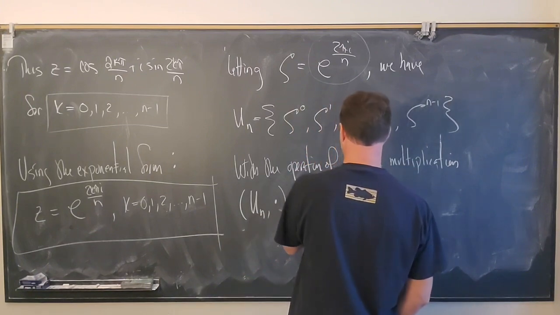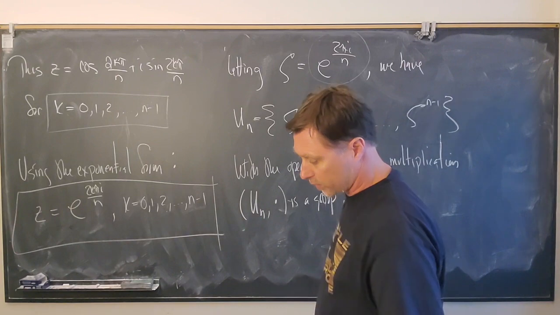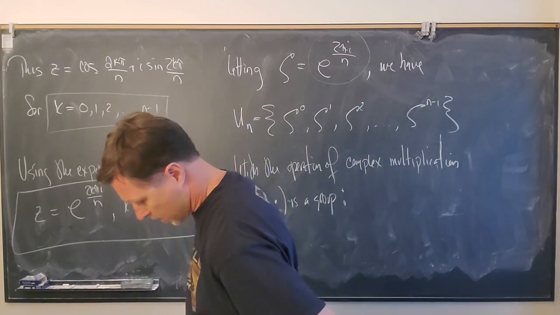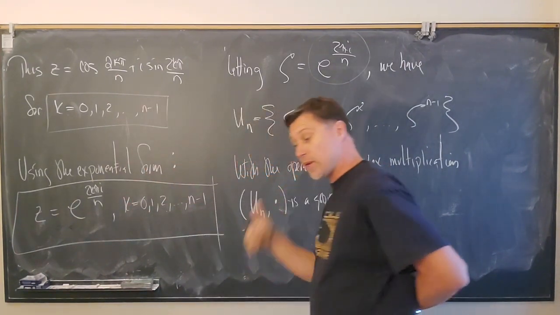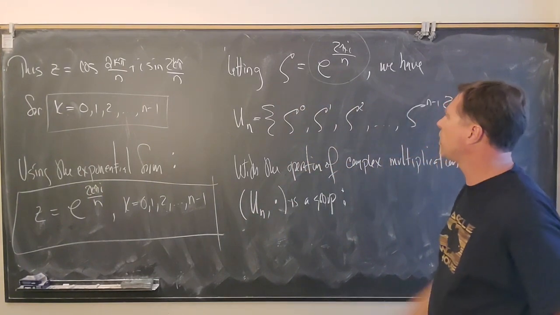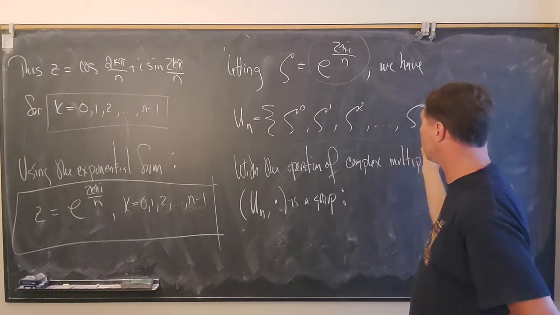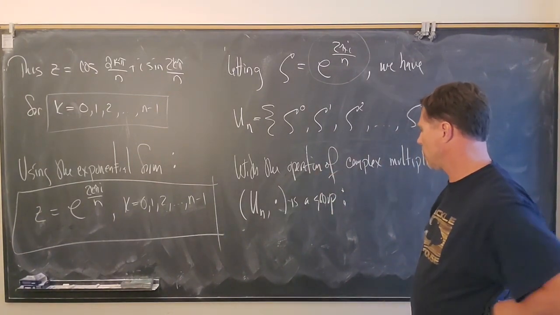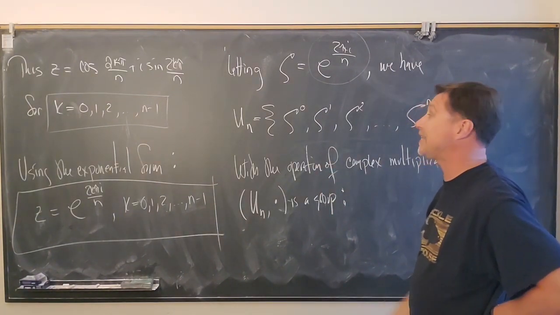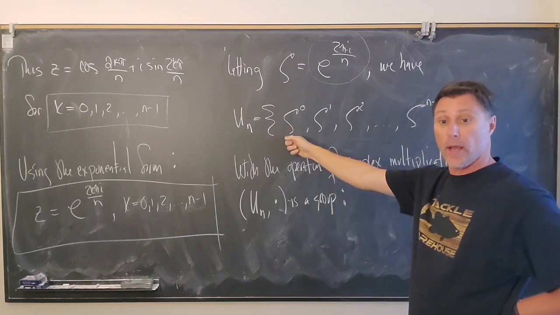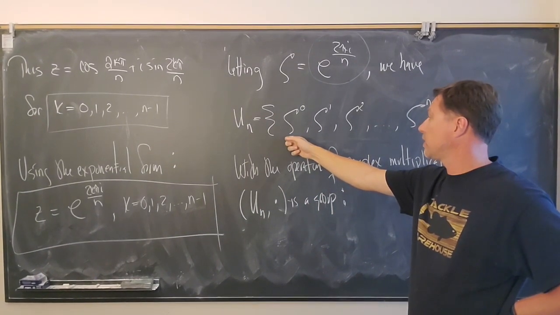So that's my claim. And then we need to go through quickly and check that that's true. Complex multiplication we know is associative. If we multiply two elements of this form, we're going to get another element of this form. Identity is 1 right there, zeta to the 0.